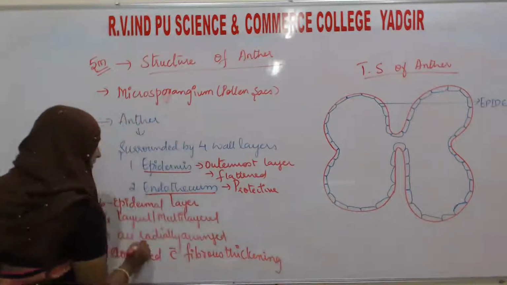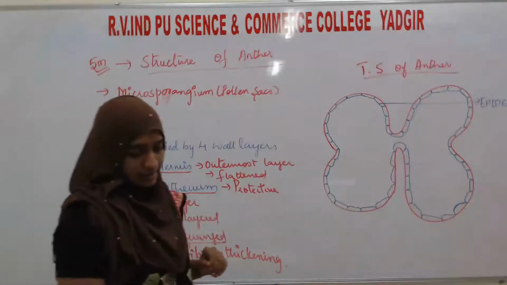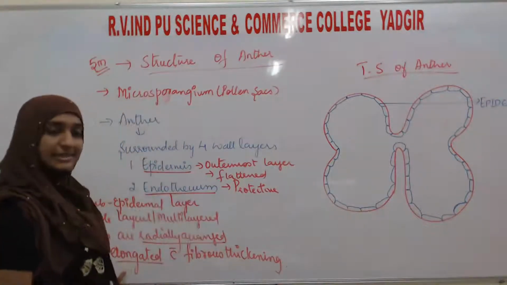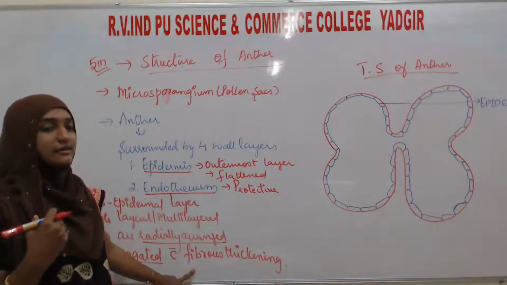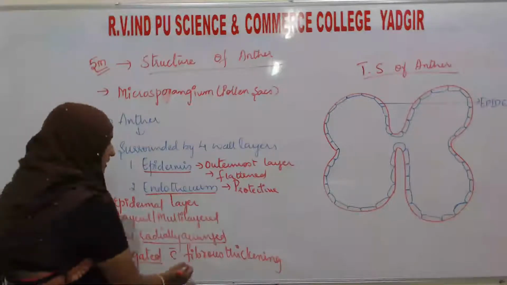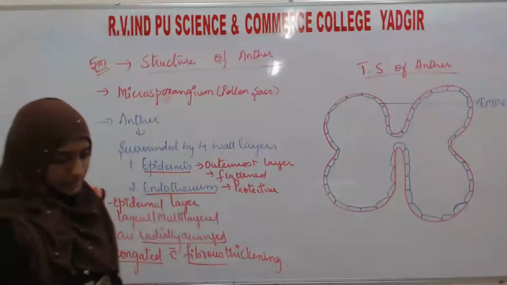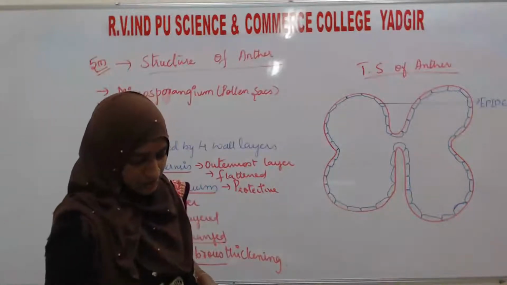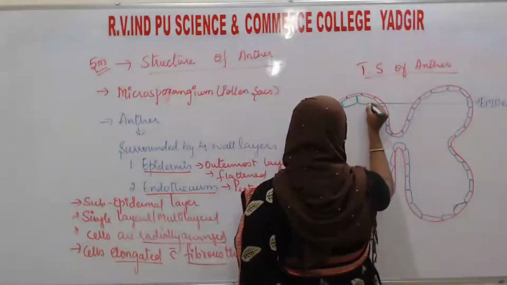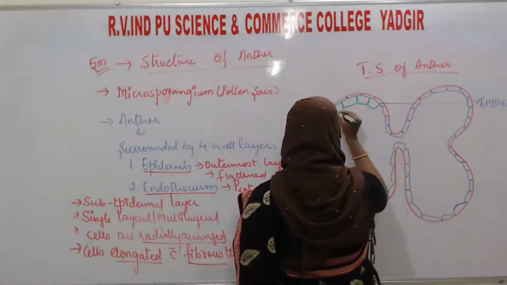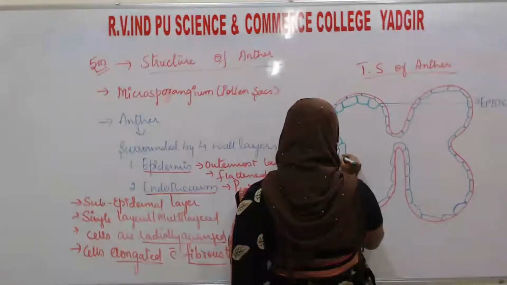The cells are radially arranged and somewhat enlarged, which we call elongated cells, with some thickening on the cell wall, that is the fibrous thickening. So this is the endothelium layer. Here I will draw the endothelium layer, somewhat elongated in this way. Larger cells will be there as compared to the epidermis layer.